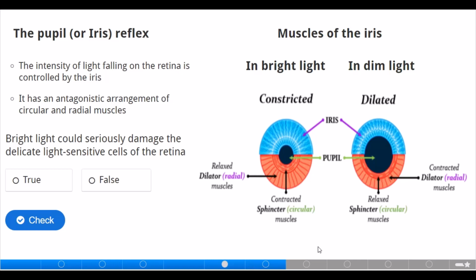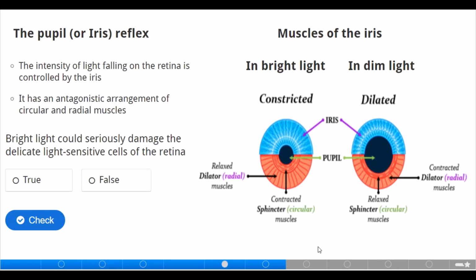Here we'll be looking at muscles of the iris, how they carry out reflex. The intensity of light falling on the retina is controlled by the iris. It has an antagonistic arrangement of circular and radial muscles. So we have a diagrammatic representation here showing us muscles of the iris in bright light and muscles of the iris in dim light.